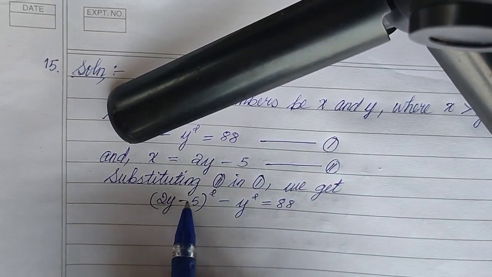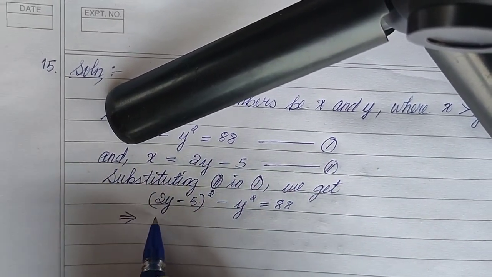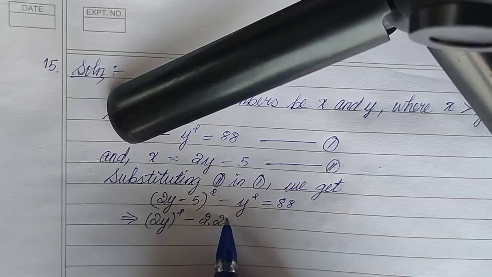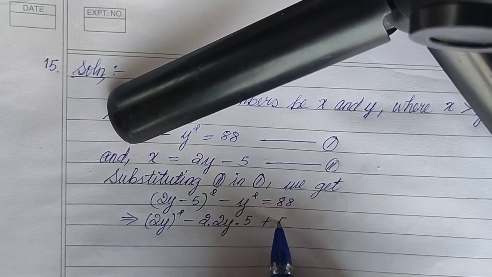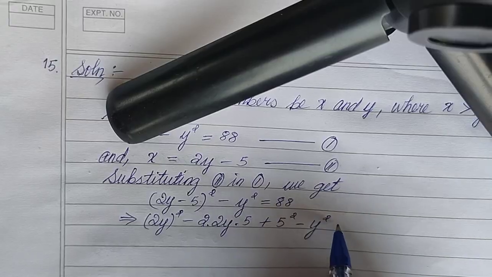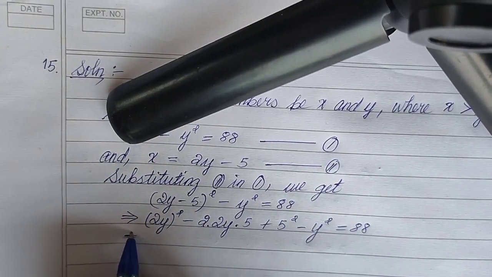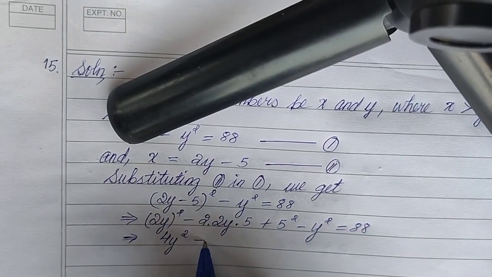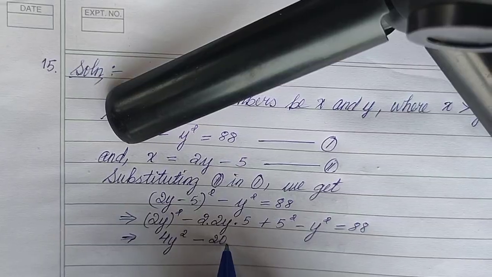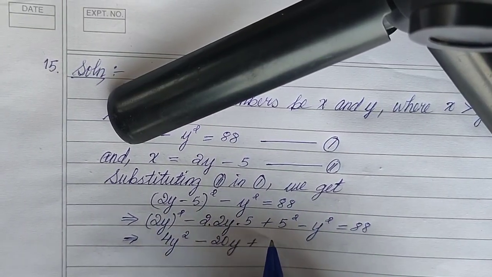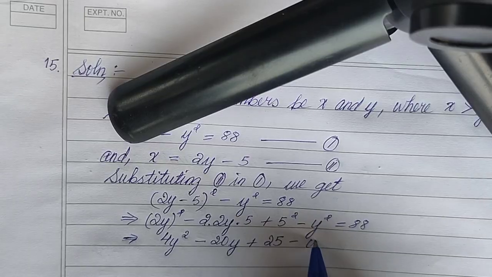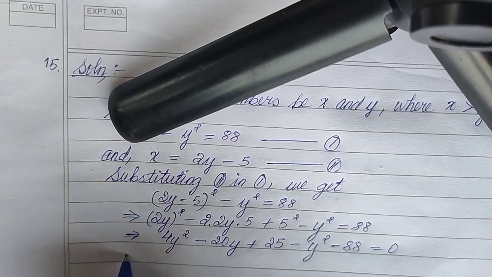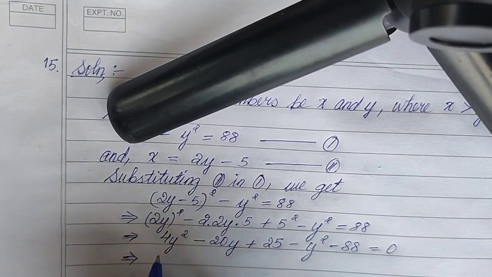Using (a minus b) whole squared is a squared minus 2ab plus b squared: 4y squared minus 20y plus 25 minus y squared minus 88 equal to 0, a quadratic.